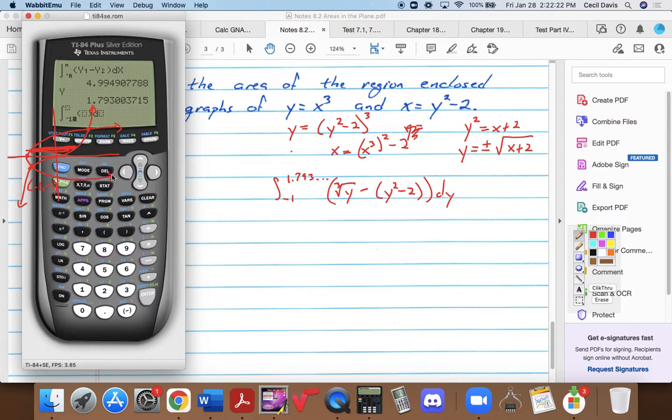Oops. And then I want x to the 1/3 minus x squared minus 2. Well, that'll be plus 2, right?